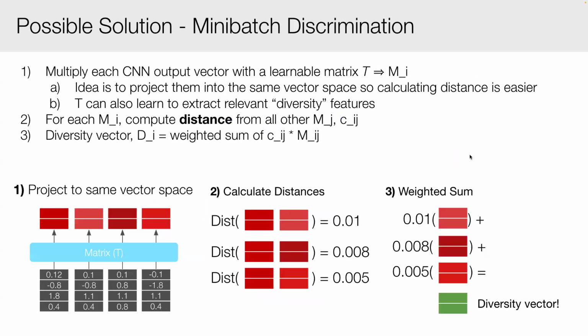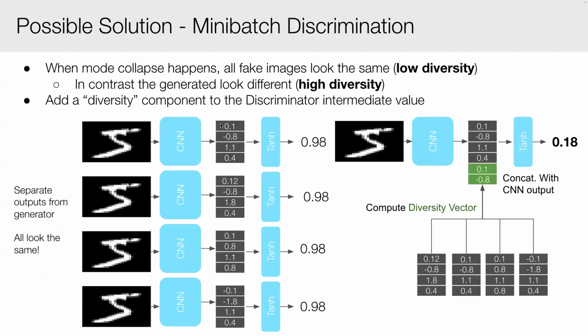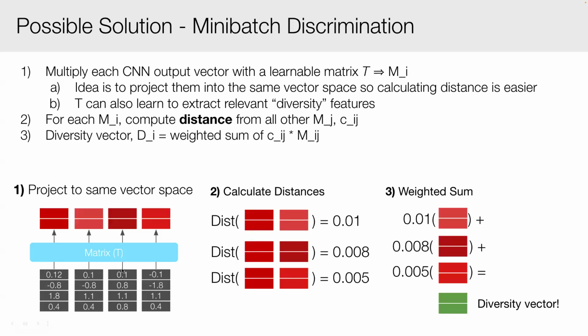Okay. So the way we compute this diversity vector is first we take all of those pre-final layer outputs from all of those fake images that we just produced, and we feed them into this transformation matrix T. T is learned, but it's not a neuron. It's just a single transformation matrix. If you've taken linear algebra before, or if you remember the transformers lecture, T effectively learns to bring all of these vectors into the same vector space.